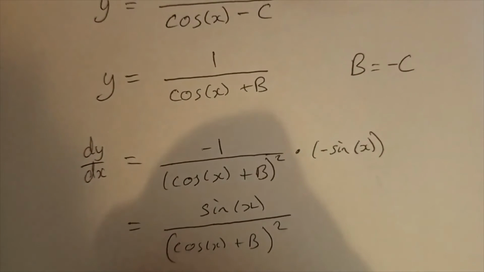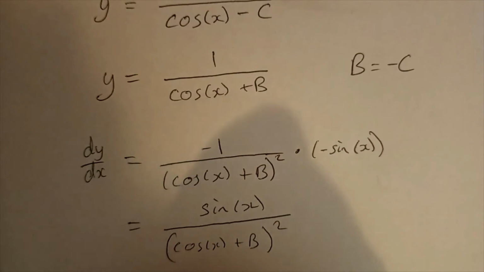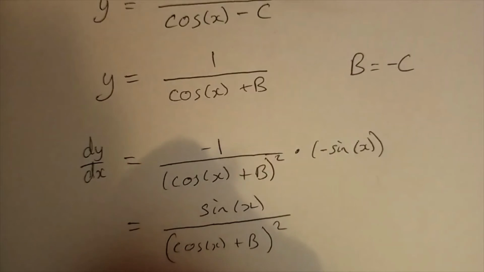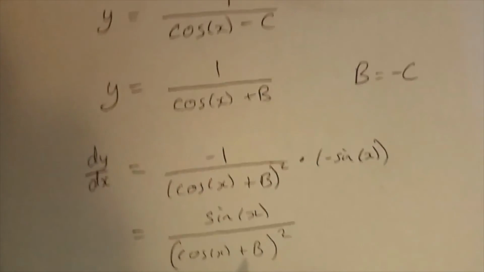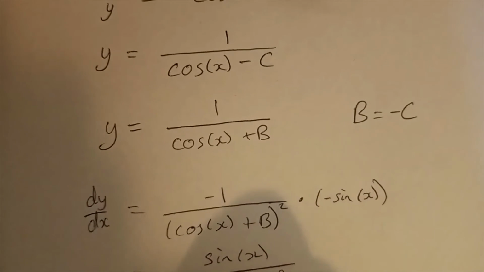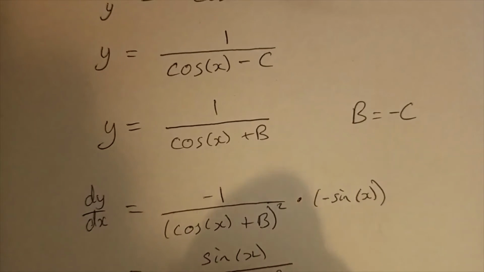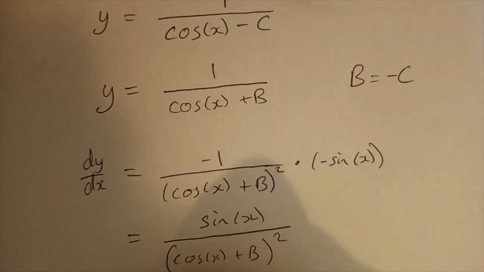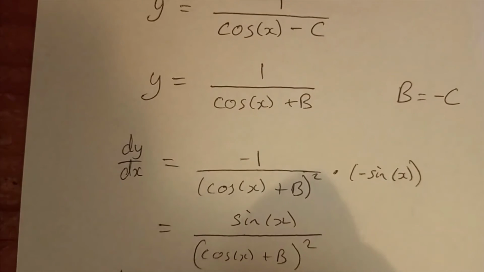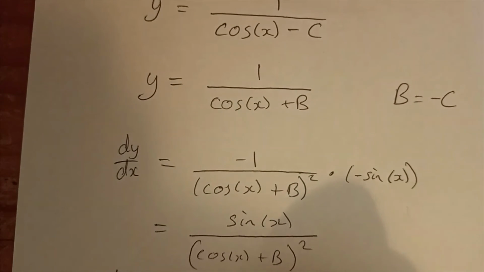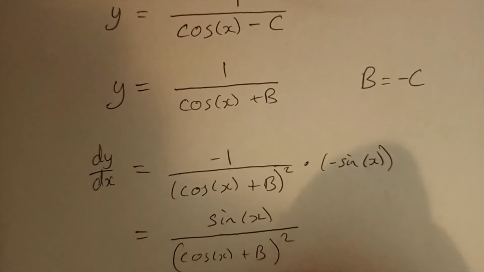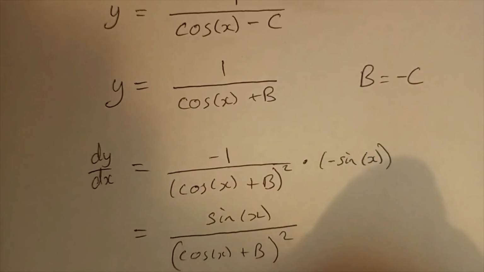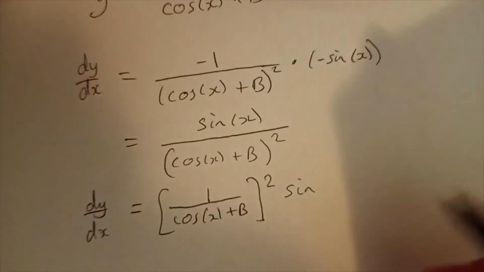So we can write that out: this derivative dy dx equals 1 over cos of x plus b, all squared, times sine of x.